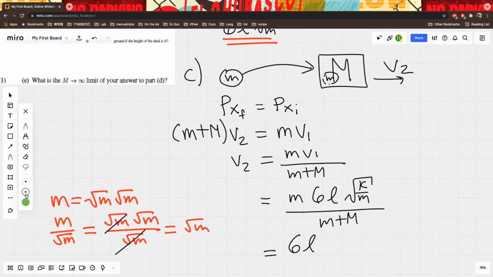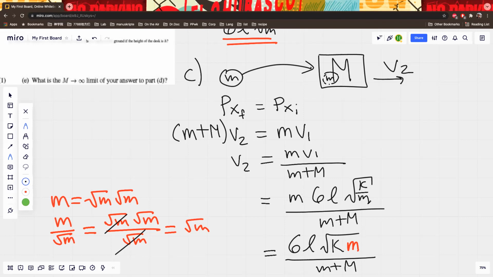Would it just be 1 over m? Okay, wait, I'll explain in a second. So here we had an m in the numerator, and then we also had a 1 over square root of m, also in the numerator.